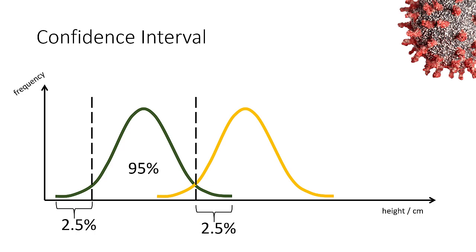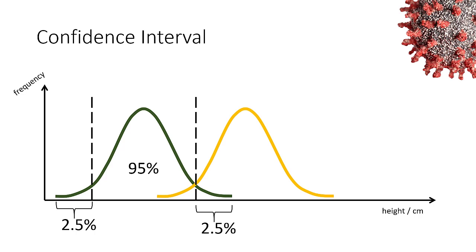We are confident enough to say that both data are significantly different if the overlapping is 2.5% or less. That means the confidence interval that we are using is 95%, and because the curve have two sides, the overlapping is 2.5% on one side and 2.5% on the other side.